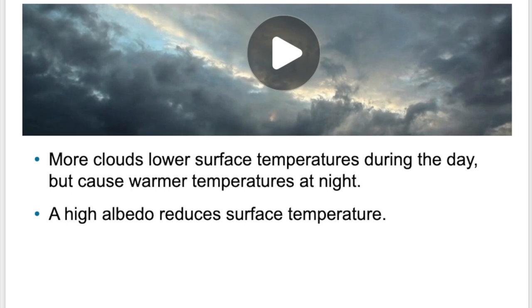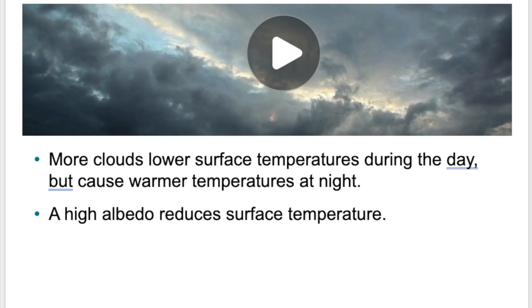And cloud cover and albedo: while more clouds lower surface temperatures during the day, they cause warmer temperatures at nighttime. So why is that? Well, clouds have a higher albedo, so light colored surfaces have a higher albedo than dark colored surfaces.